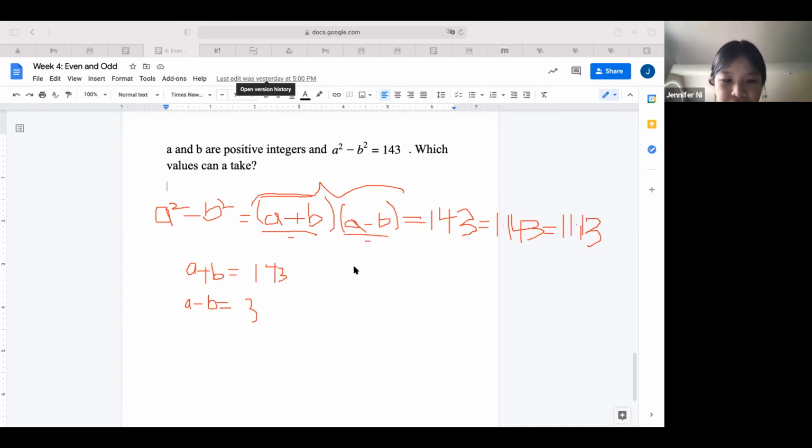And for each of these cases, you can solve them to get a value of a. For this one, you'll get a is 72.